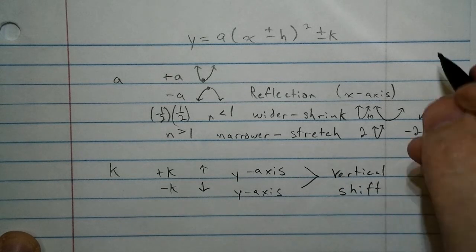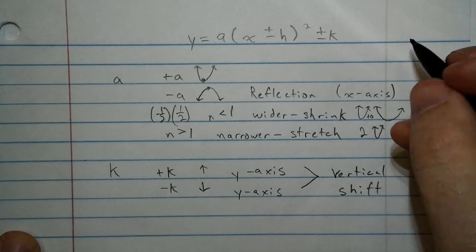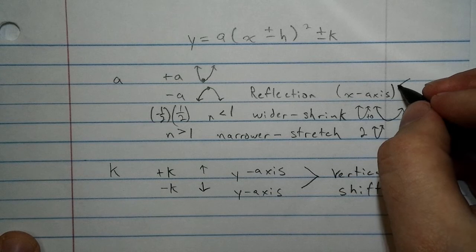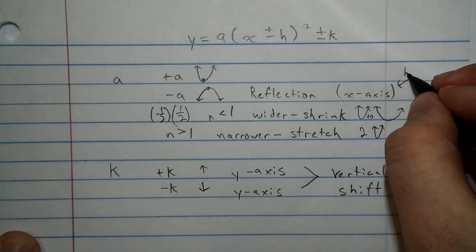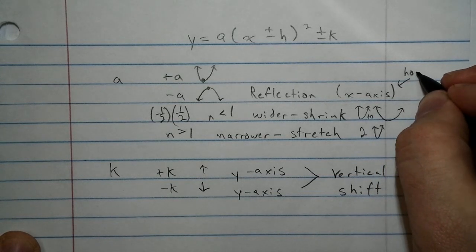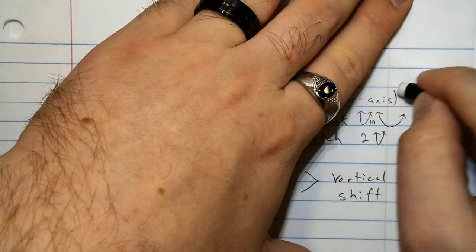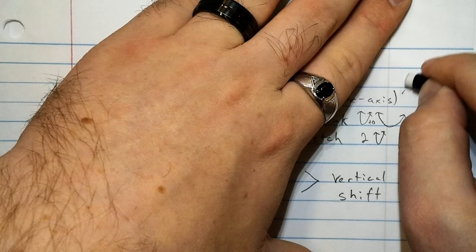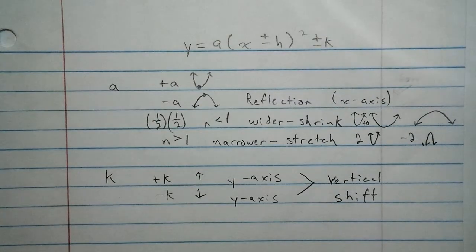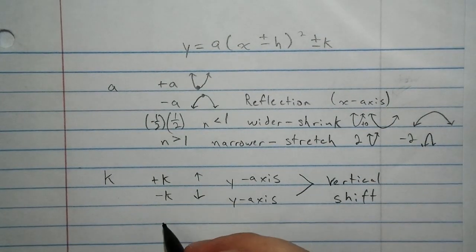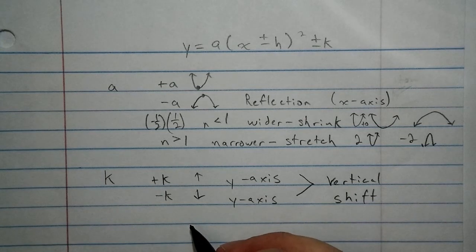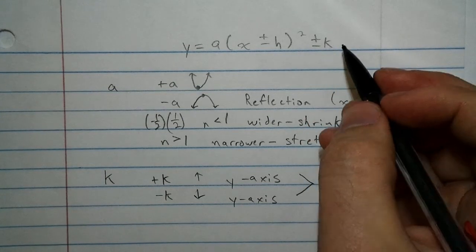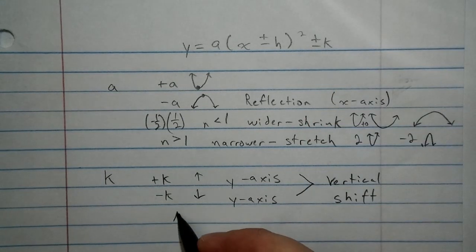Oh, wait, no, that's not it. Sorry, that was the next set of notes down here. Remember, whenever you have the K value, or that number at the end over here, there is no parentheses.